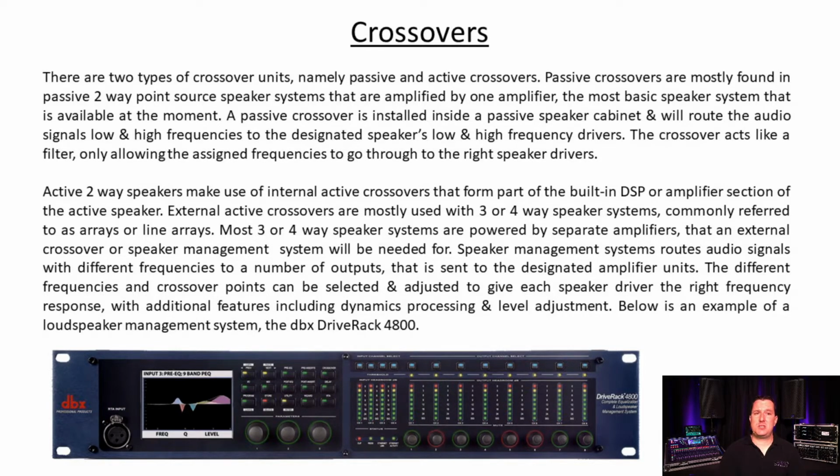Speaker management systems route audio signals with different frequencies to a number of outputs that is sent to the designated amplifier units. The different frequencies and crossover points can be selected and adjusted to give each speaker driver the right frequency response, with additional features including dynamics processing and level adjustment. Below is an example of a loudspeaker management system, the DBX Drive Rack 4800.